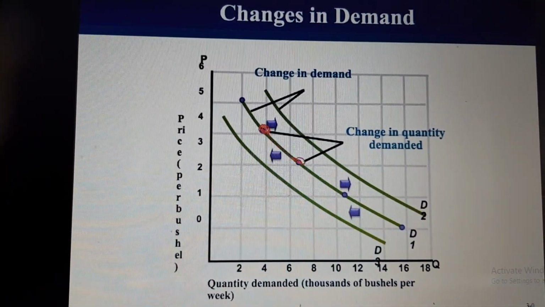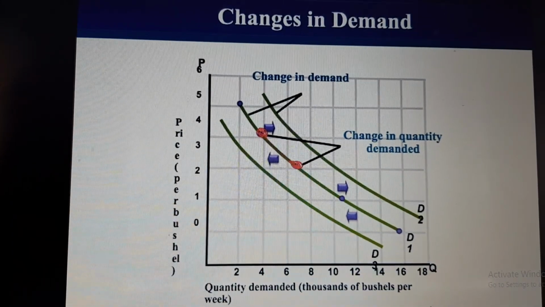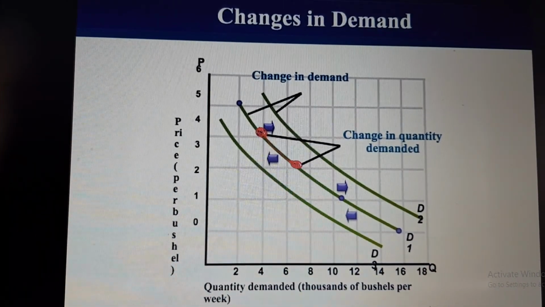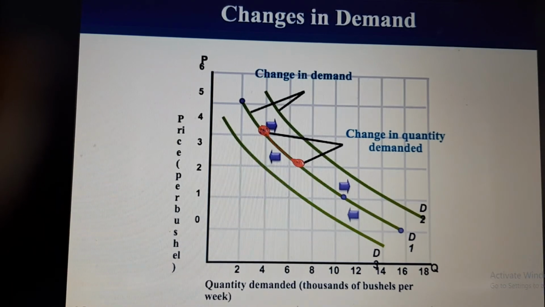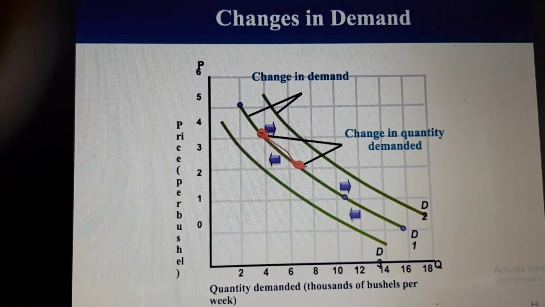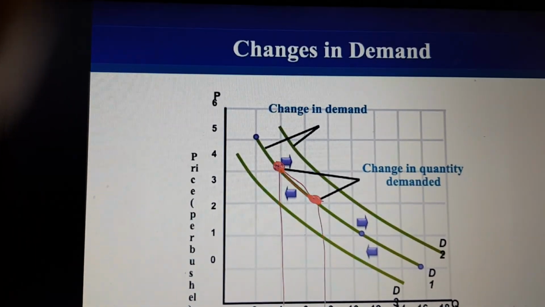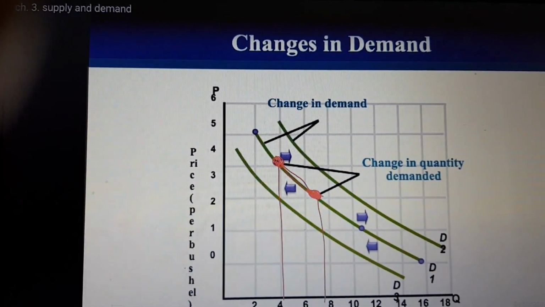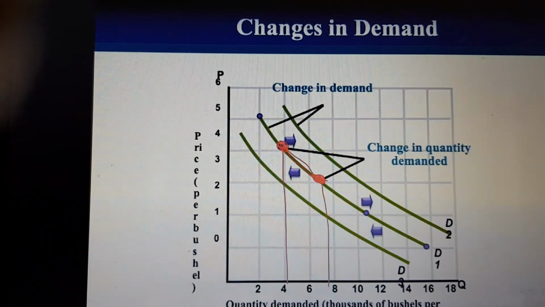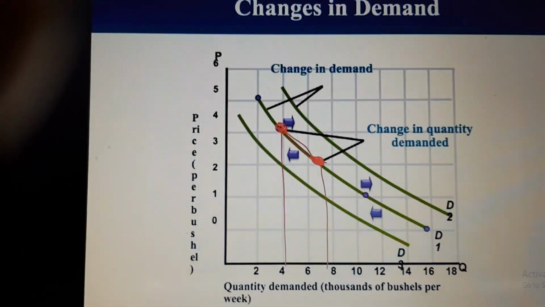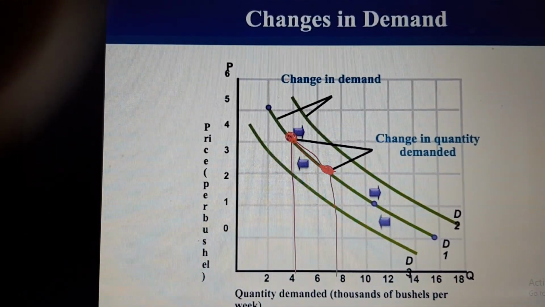And what causes this to happen is a change in price. So if we go from $4 to $3, we see here that quantity demanded has changed, but we are still on the same curve. So what causes a change in quantity demanded is a change in the price of the good.